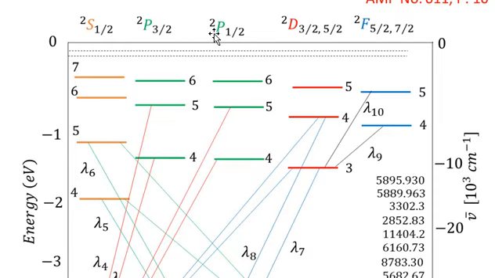All the other terms will be doublet terms. This is 3/2, 1/2 doublet terms. This D contains doublet terms with total angular momentum of the atom as 3/2 and 5/2. Then this F term will also be a doublet term, due to the total angular momentum of the atom as 5/2 and 7/2.